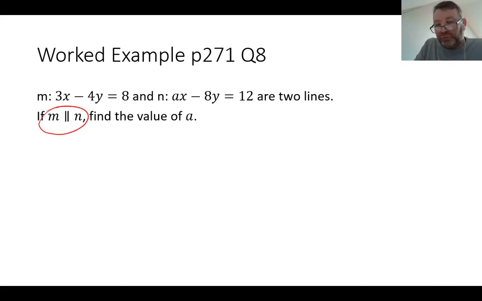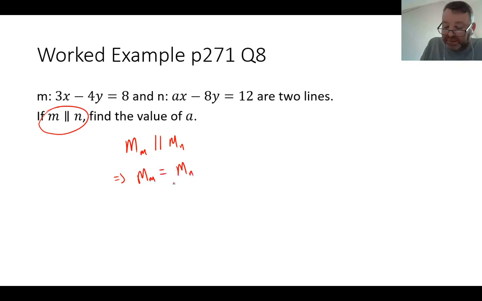Now, what do we know about perpendicular lines? We know that the slope of M, if it's parallel to the slope of n, means that the slope of M is going to be the same as the slope of n. Okay, now let's write that down. First of all, what is the slope of M? Well, first of all, what way is M given to me? It's given to me in algebraic form, and the x and the y are together.